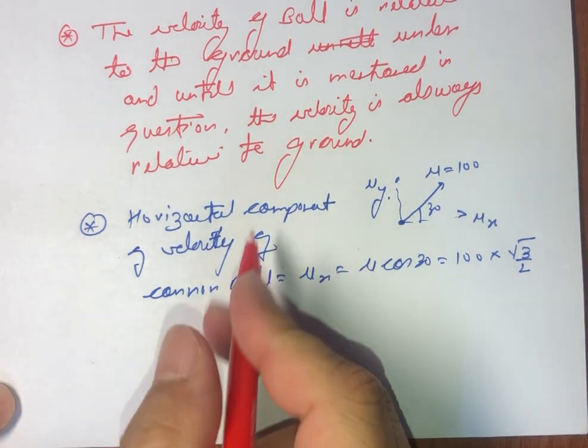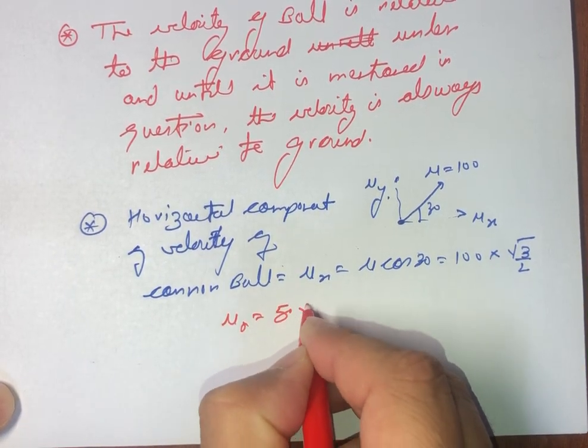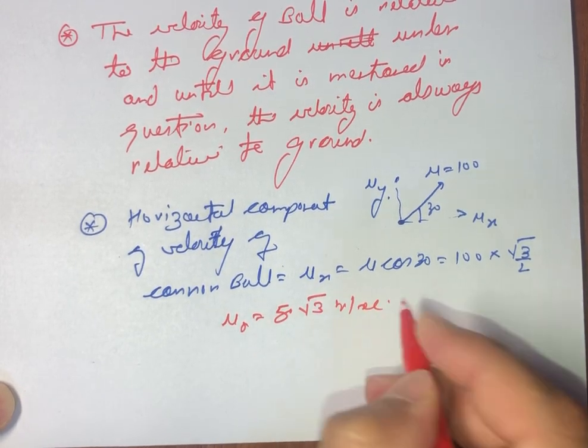We can say that ux is equal to 50√3 meter per second.